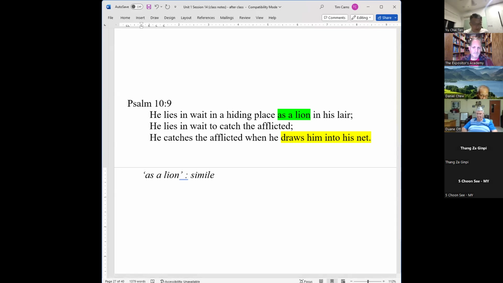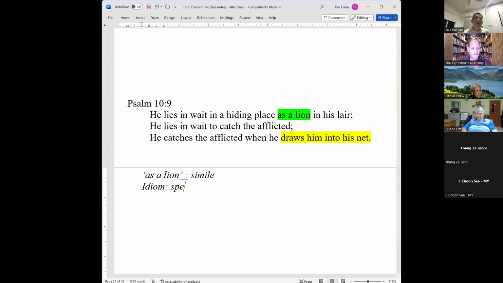So he's not literally having a net either. It's a picture of being caught. It wouldn't be an offensive or blunt expression, so not a euphemism, but you're close. It is a substitution. I would say it's an idiom.